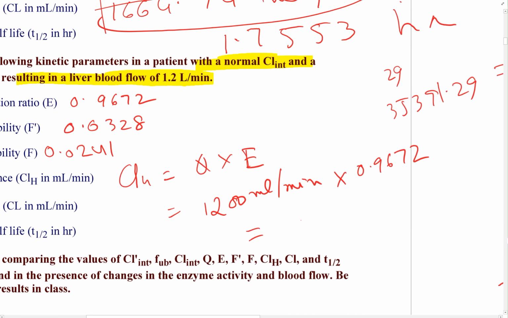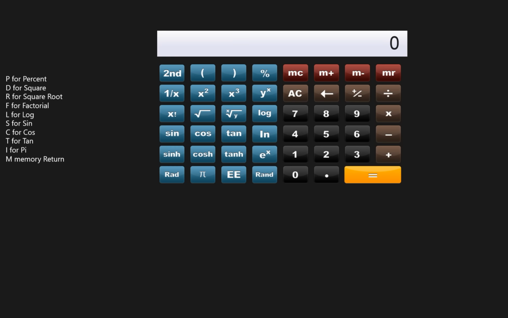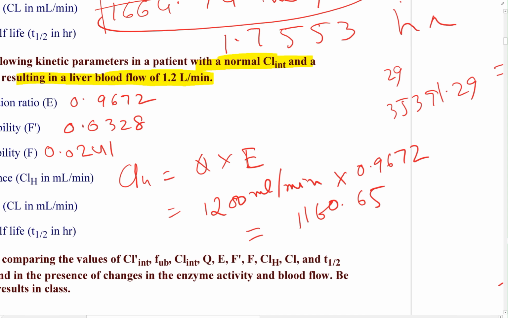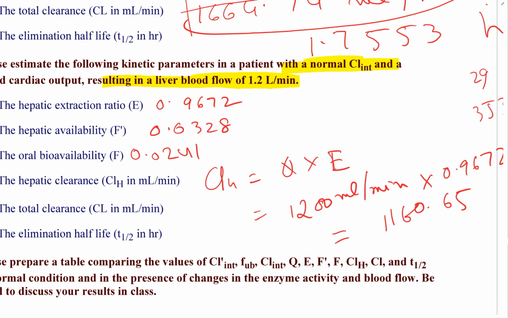This will give you, I think, 1160.65. Let's go back to my calculator. 1200 times 0.9672. Yes, it is 1160.65. So here is your hepatic clearance.